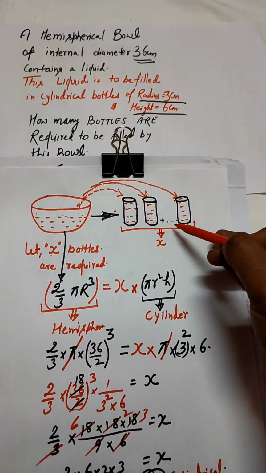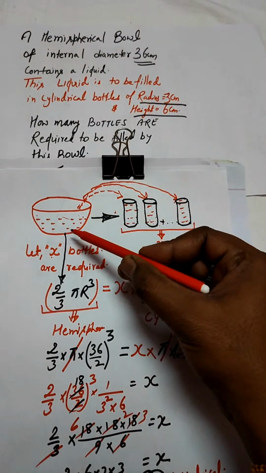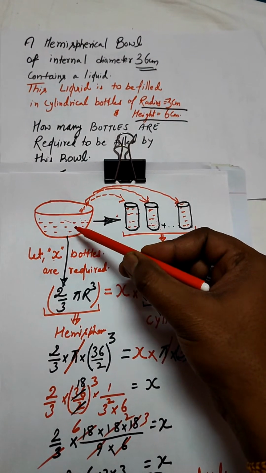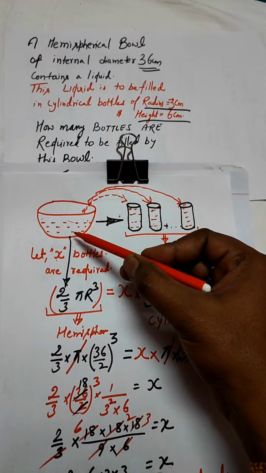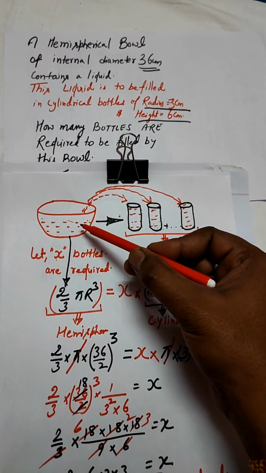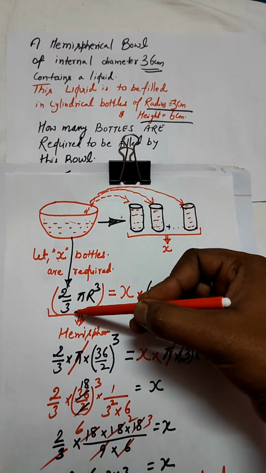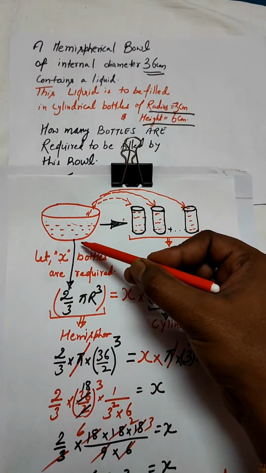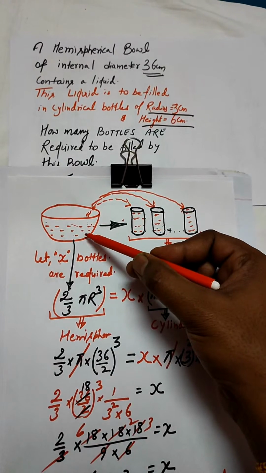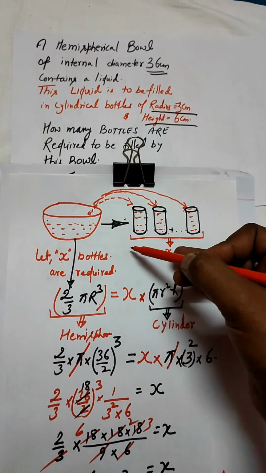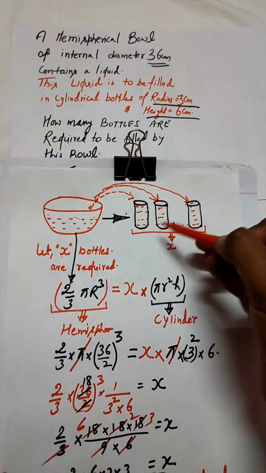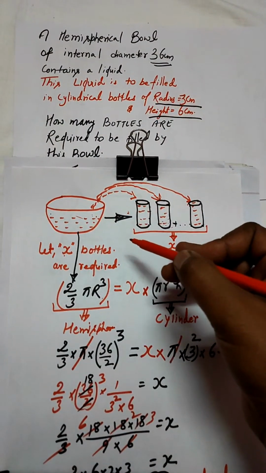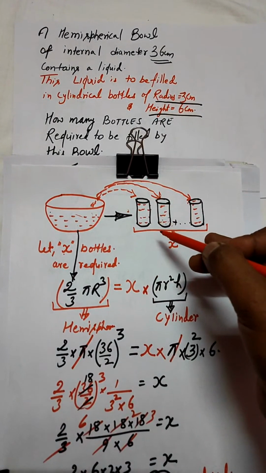Here you can have a conical flask, so you should note the volume of a cone, that is 1 by 3 pi r square h. So just put the values of 1 by 3 pi r square h over here, right? It can be a sphere, 4 by 3 pi r cube. So you should just remember the formula of the volume of each of the geometrical shapes, right? And just apply this concept.